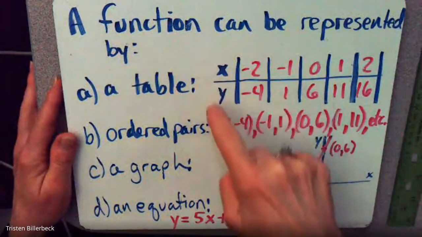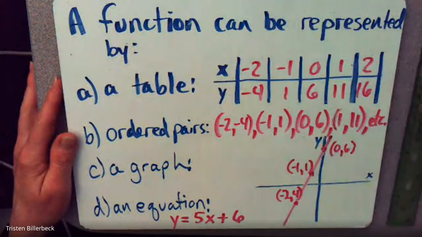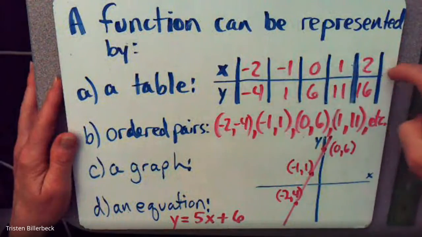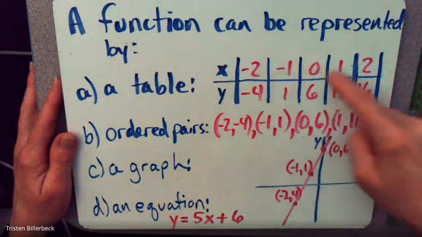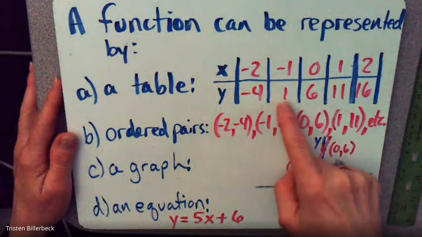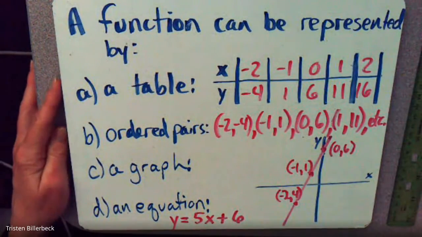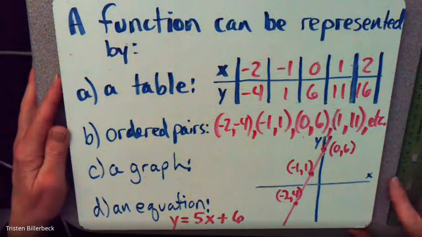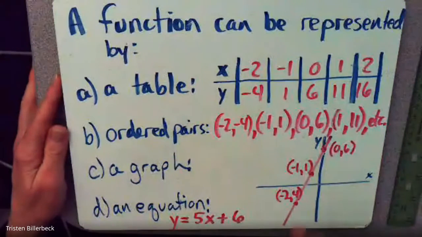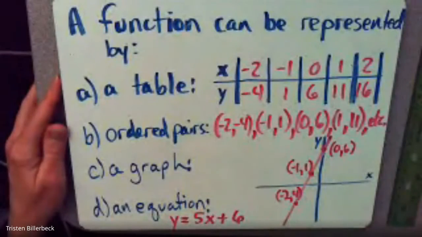So if I set up x and y, this is considered a table. If I put in my inputs here for my x's, then I would get these outputs for my y's. So x is in complete control of the y. It's the input, and y just does whatever the x is telling it to do, basically.